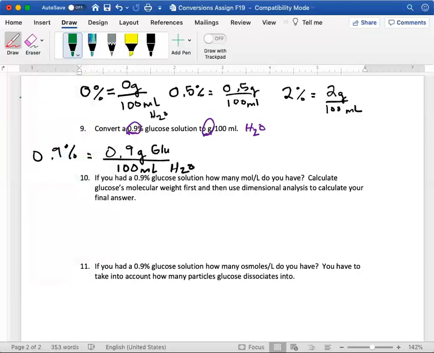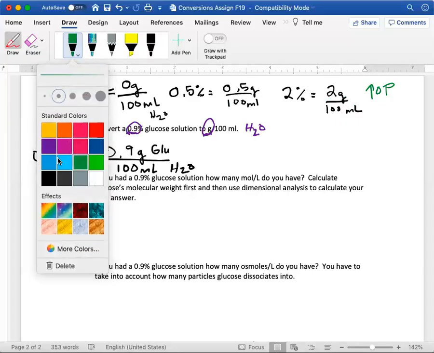Okay, so which one has the lowest osmotic pressure? The lowest amount of particles. You can't get any lower than 0, right? So this has the lowest osmotic pressure. Which one has the second lowest? This one, with the 0.5. Which one has the third lowest? The 0.9. Which one has the highest osmotic pressure? The 2%, right? So this is going to have the highest osmotic pressure. The more particles you have in the solution, the greater the osmotic pressure. The greater the osmotic pressure, the greater the pull is on water, right? And so we'll talk more about that as we get into osmolarity and tonicity.